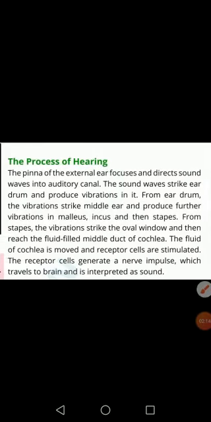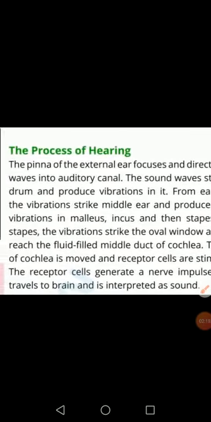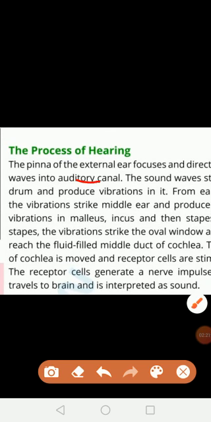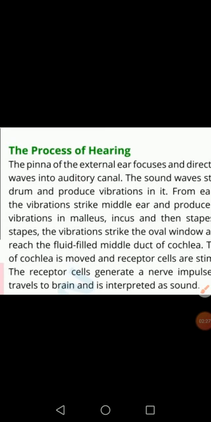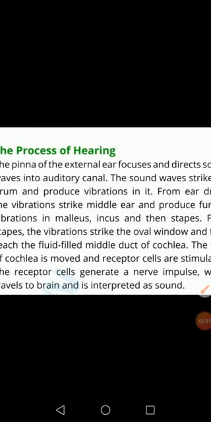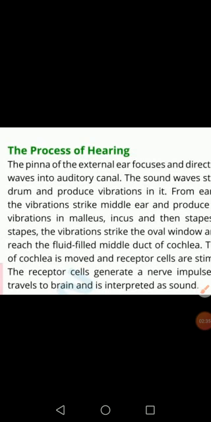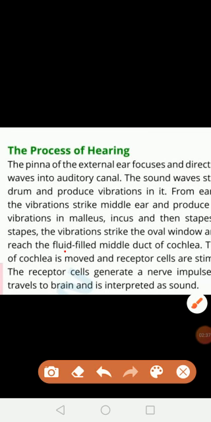The pinna of the external ear focuses and directs sounds into the auditory canal. The sound waves then move through the external ear and produce vibration in the tympanum, and then strike the middle ear and then pass into the fluid-filled middle duct of the cochlea.